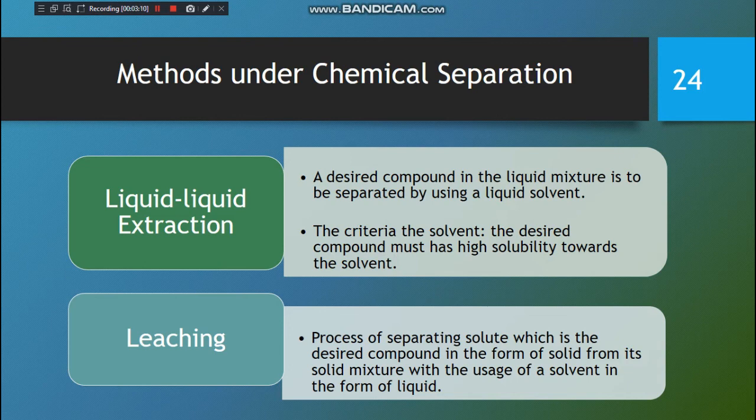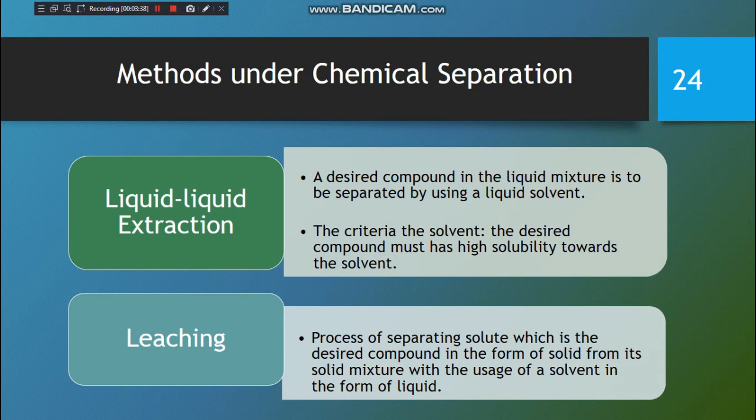And we also have another kind of extraction process, which we call the leaching process. The other name for leaching is SLE, solid-liquid extraction, where leaching is the process of separating a solute, the desired compound in solid form, from its solid mixture with the usage of a solvent in liquid form.